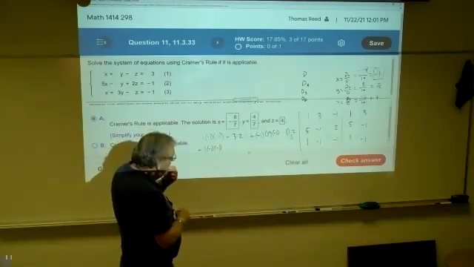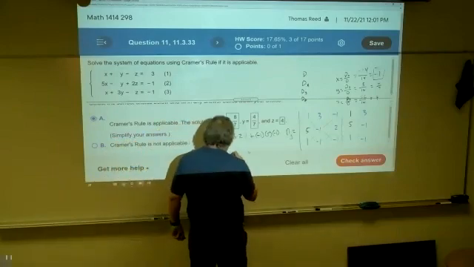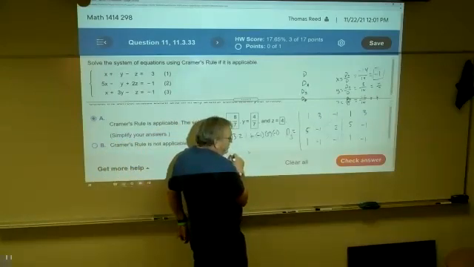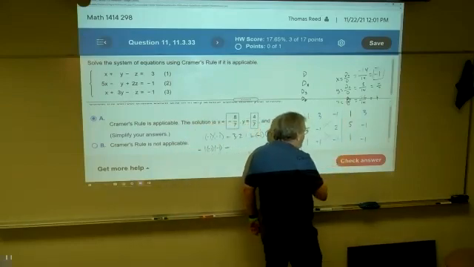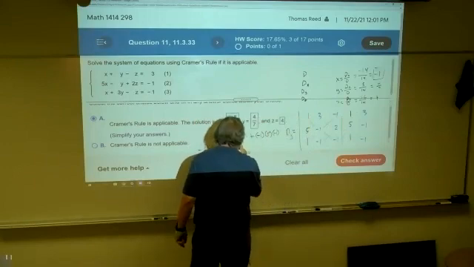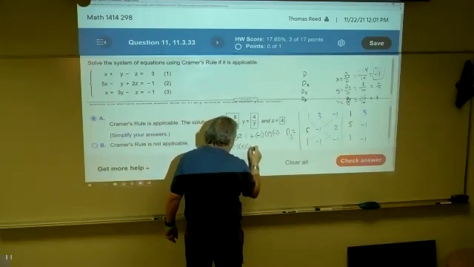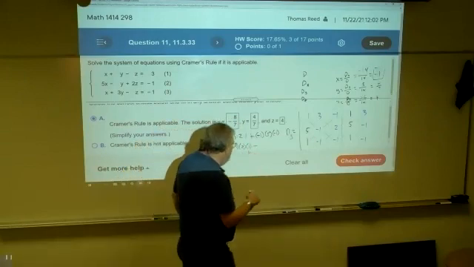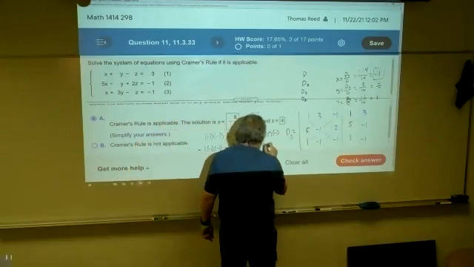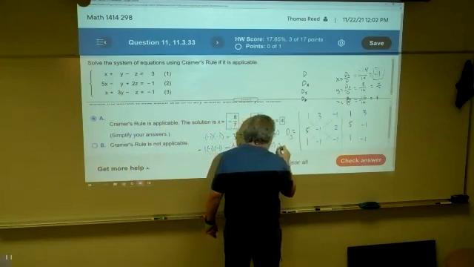Keep doing that product. And then we're going to subtract the next diagonal, the product of the next diagonal going in the same direction. So that's a -1 times 2 times 1 minus the product of the last diagonal going in that direction, -1 times 5 times 3.